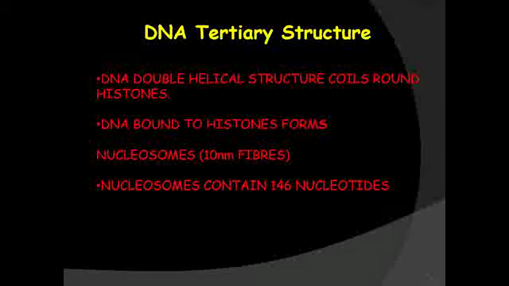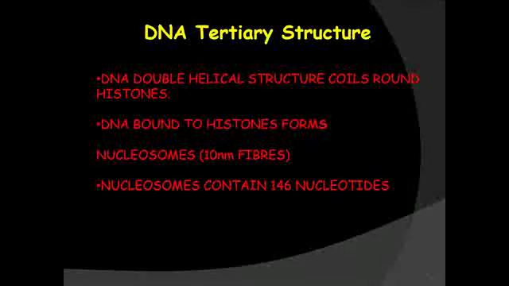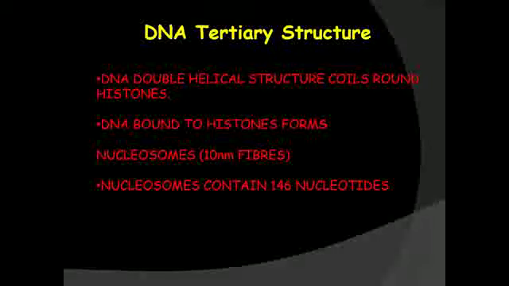The most fundamental structure which forms the basis of chromatin structure is called the nucleosome. The nucleosomes are the units that are formed by the association of DNA double helix with histone proteins.